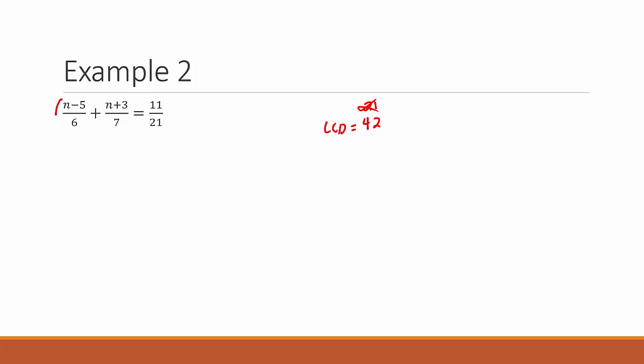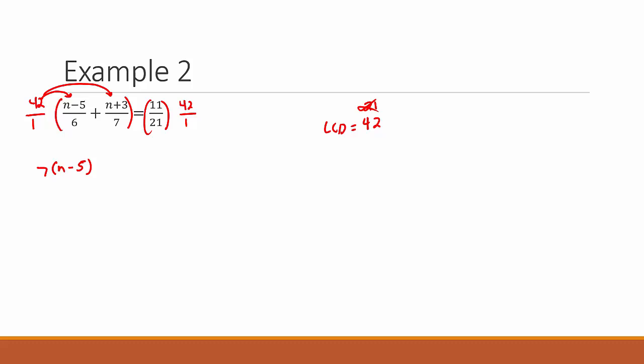Again, I will multiply both sides of my equation by 42, or 42 over 1 if you would like to write it that way. I have two fractions on my left-hand side with a plus in between, so I have to distribute. 6 will go into 42 7 times, so it gives me 7 times n minus 5.